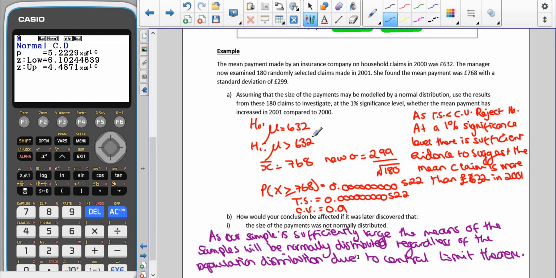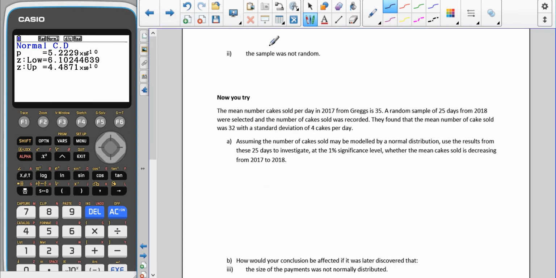So if you are setting up an experiment and you have a population of data and you are uncertain if it is normally distributed, you are better taking a large sample to ensure that if it turned out that the population was not normally distributed, the results that you have found are still valid.